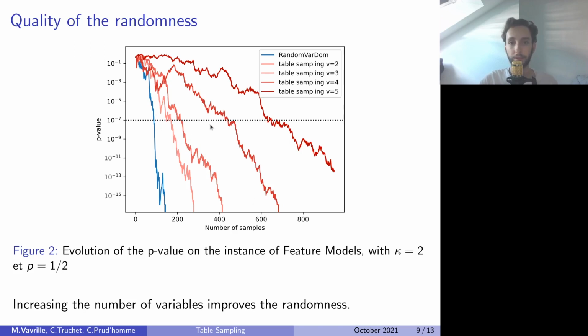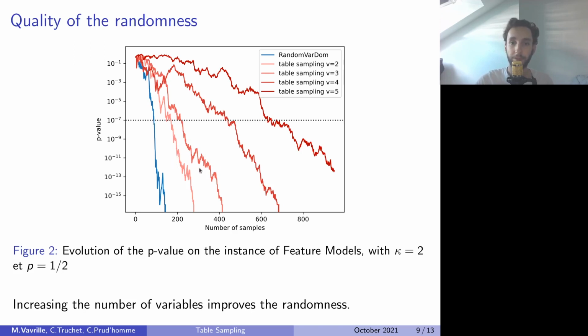So we see that as my approach goes to 0 much slower than random-random, it means that I have a better uniformity. So I'm closer to the uniform distribution than random-random.